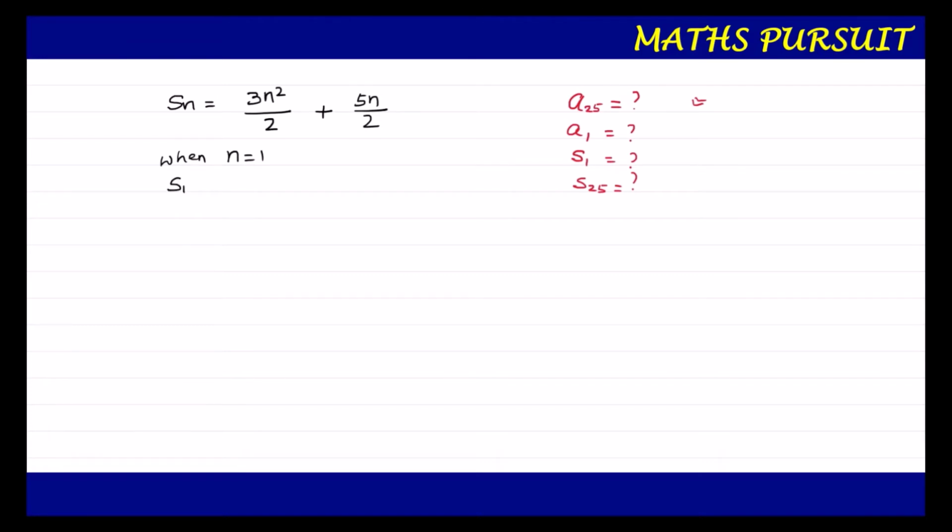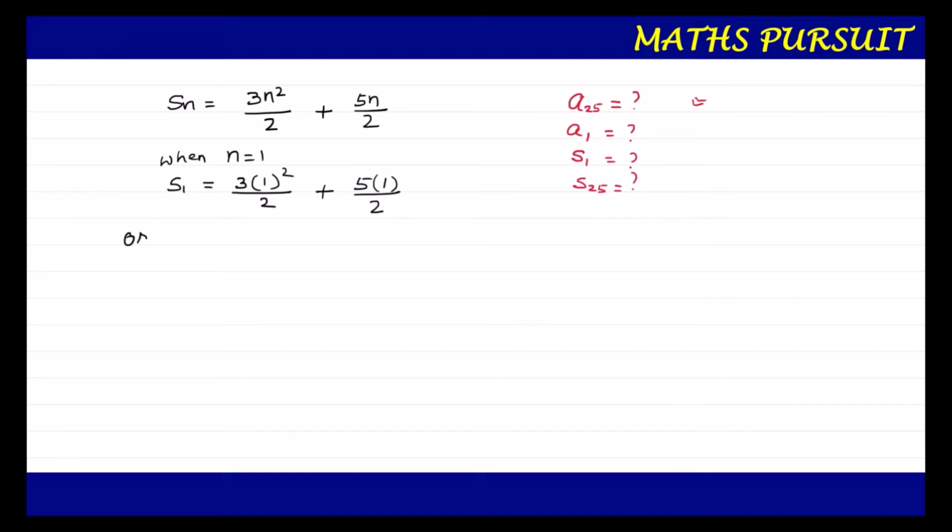Instead of n, I'm just going to fill in 1. S1 is equal to 3 into 1² upon 2 plus 5 into 1 upon 2. We are just considering where n is equal to 1 and calculating the S1 value.